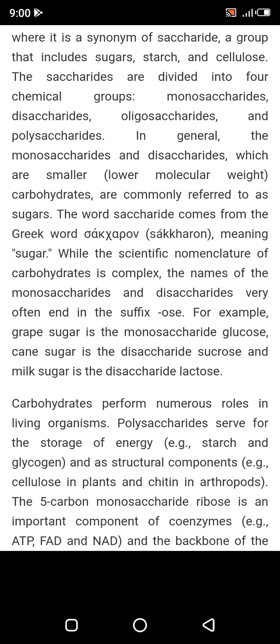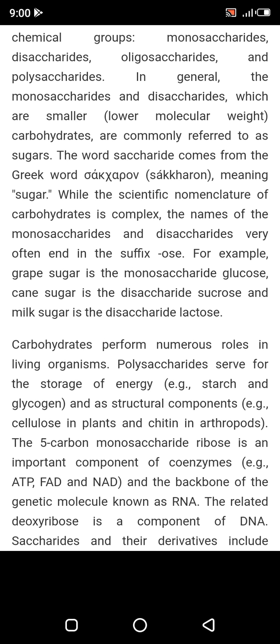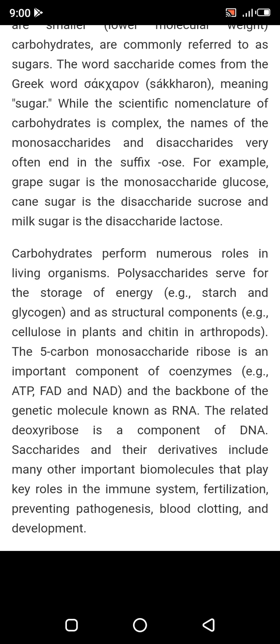Further, the scientific name of carbohydrate is much more complex. So we add that monosaccharides and disaccharides very often end in the suffix "-ose". For example, grape sugar is the monosaccharide glucose, cane sugar is the disaccharide sucrose, and milk sugar is the disaccharide lactose.